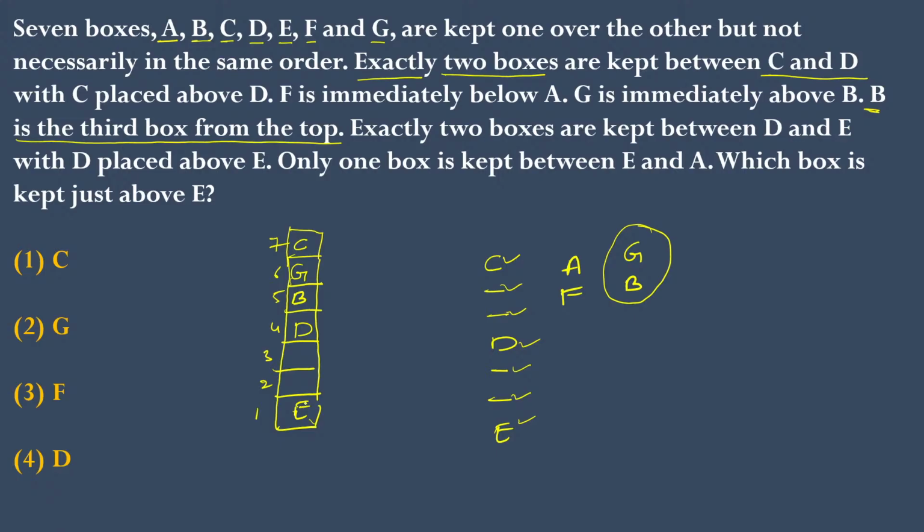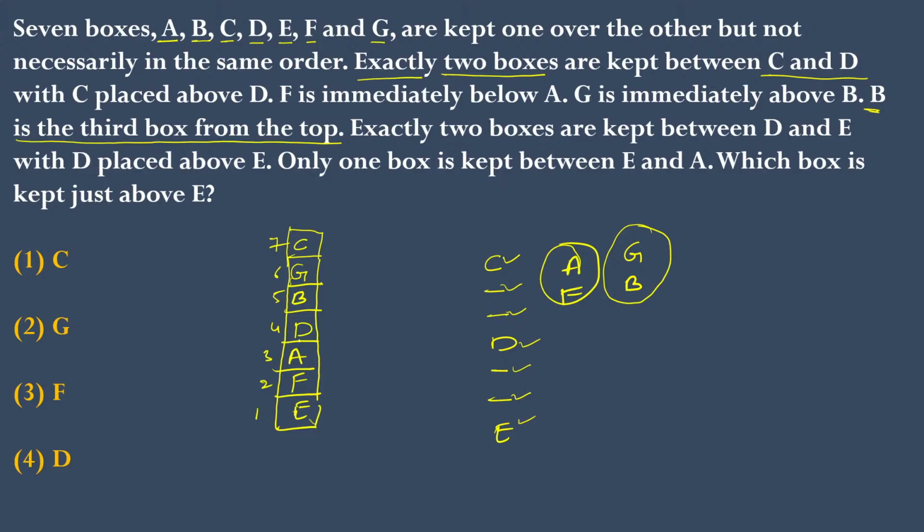Here D is there, we don't know the two boxes between, and E is there. Next, only one box is kept between E and A. Here E is there, only one box is there, that is A, and here A and F are given. This is the arrangement of boxes kept one over the other.